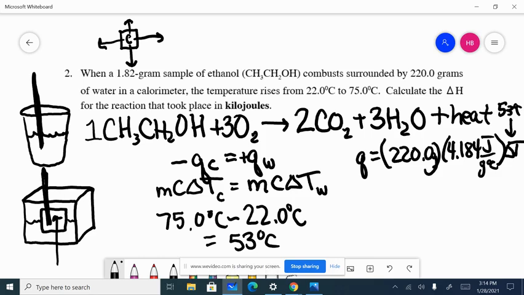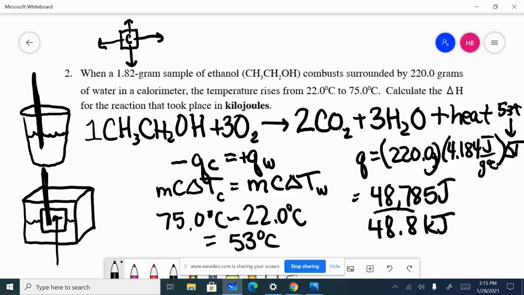So the heat in this case in joules is going to be 48,785 joules. I'm going to round to 3 sig figs, answer in kilojoules, and I will get 48.8 kilojoules is what is released. So you can either put a negative sign or you can say released. They mean the same thing.